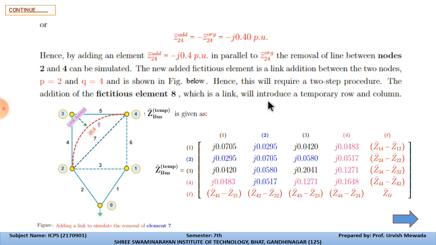So we'll introduce a temporary row and column for the ZBus temporary. This will become Z14 minus Z12, and Z24 means 1 2 3 and 4. So Z1 2 3 4, and this is the node at which we are finding, that's why this is Z4. And again Z1 2 3 and 4, this is the relation between each and every node.